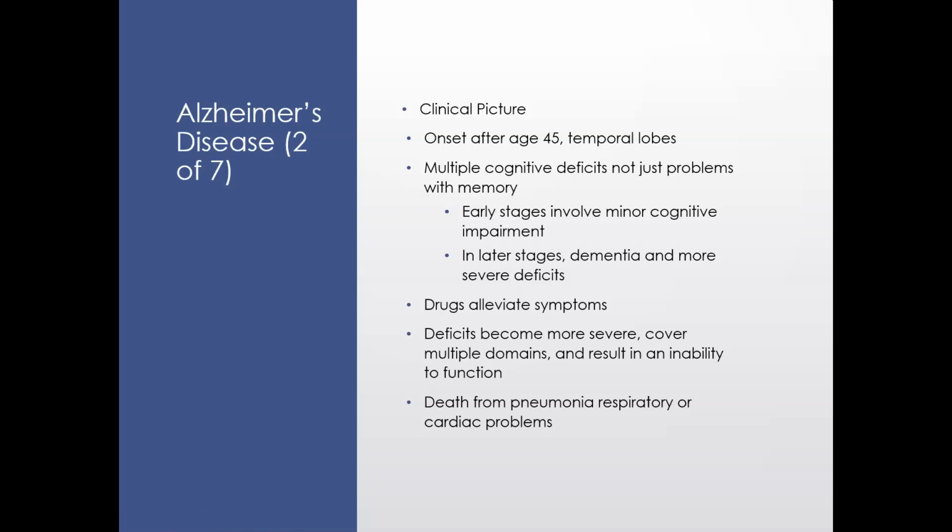In those late stages, somebody might not even be able to recognize their own children, their husband, or understand where they're at, or even who they are at times. So it is a very severe and sad disease and disorder. Drugs can help with symptoms, but there is no cure for Alzheimer's at this point in time.